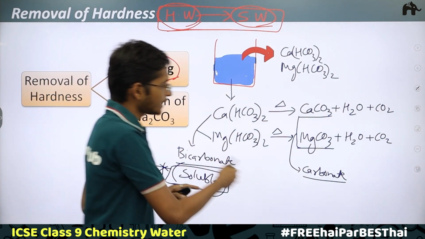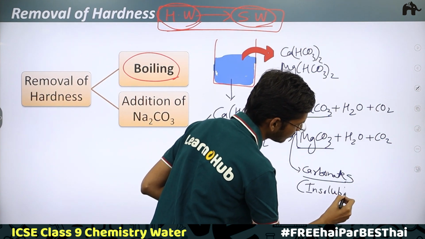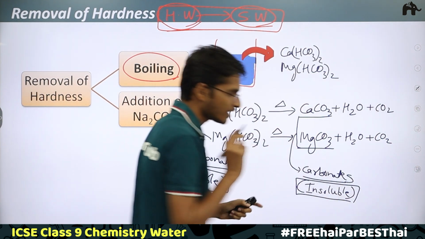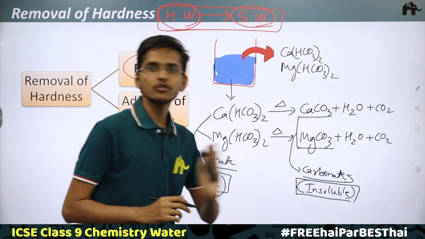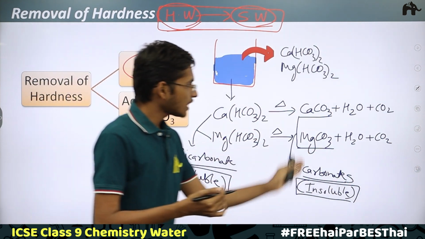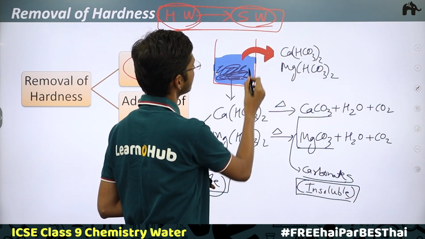And these carbonates are insoluble in water. So now I hope you can use your brains and try to figure out, if the soluble salt is getting converted into insoluble salt, what would happen? Our carbonates would start to appear, right?